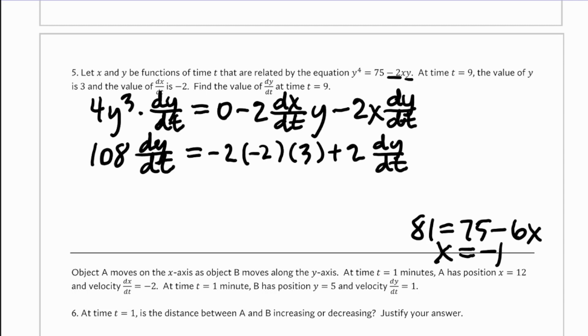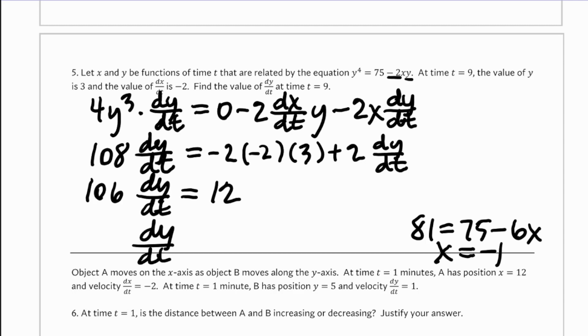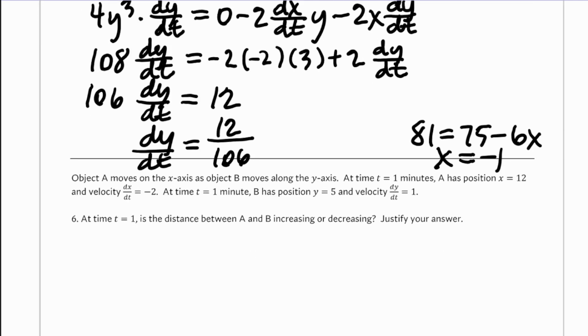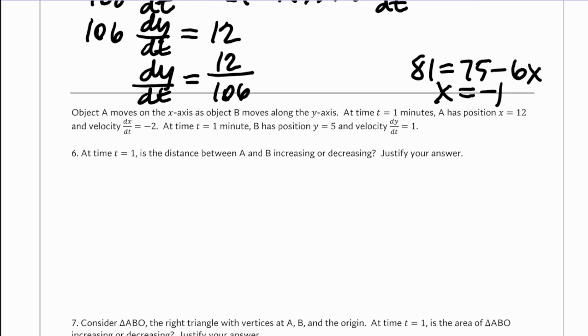Alright, so I'm going to subtract 2 dy/dt's. And I'd get 4 times 3 is 12. So dy/dt equals 12 divided by 106, which we could write as 6 over 53, or we could just not. And it's already been quite a lot.